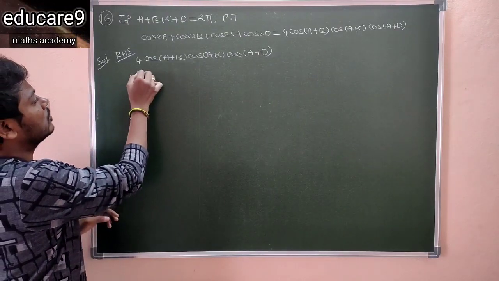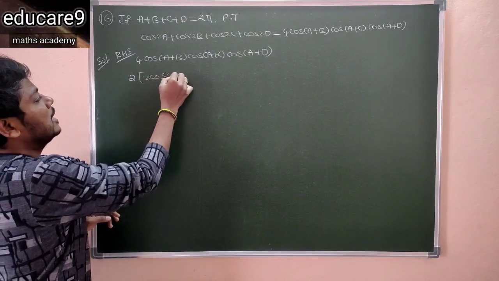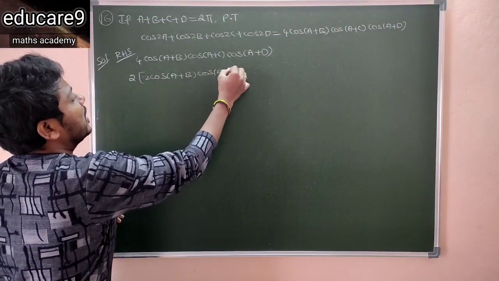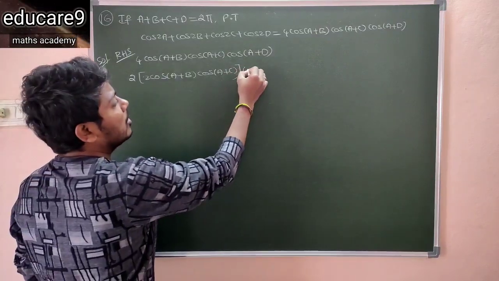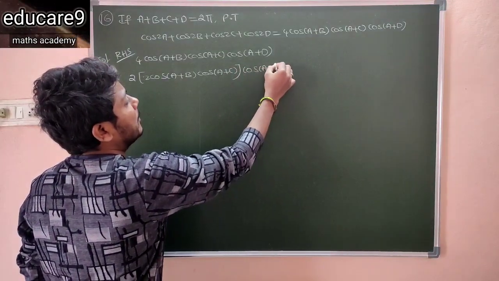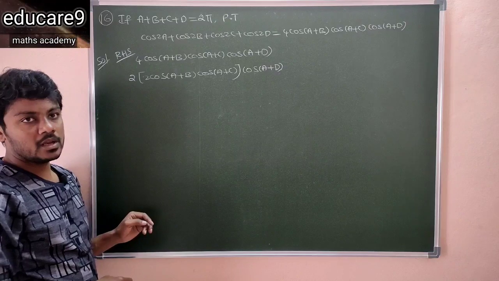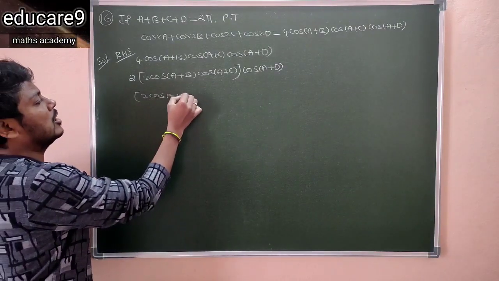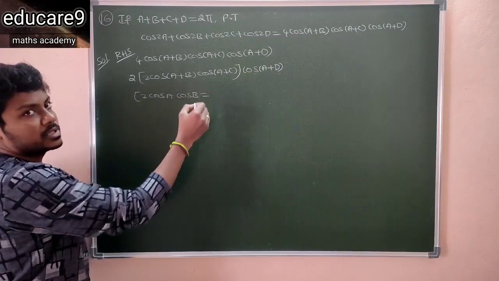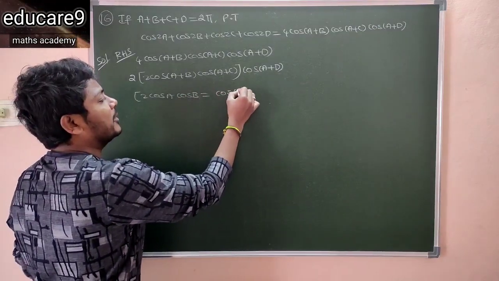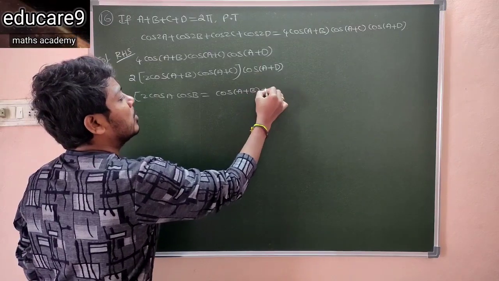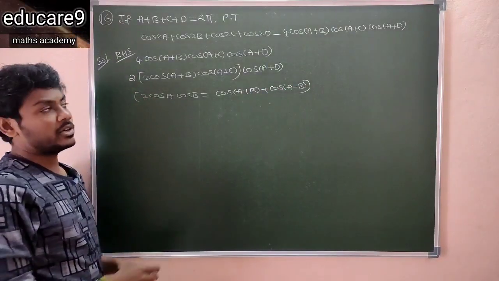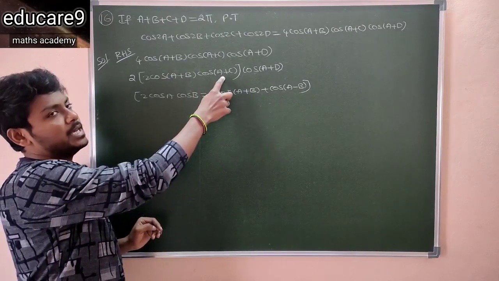So 2 into 2, that is 2 cos A plus B cos A plus C into cos A plus D. So you know that 2 cos A cos B formula. So what is that? Cos of A plus B plus cos of A minus B.